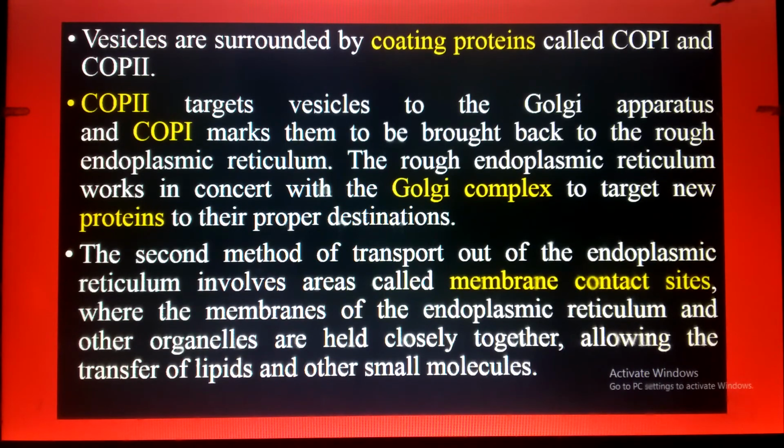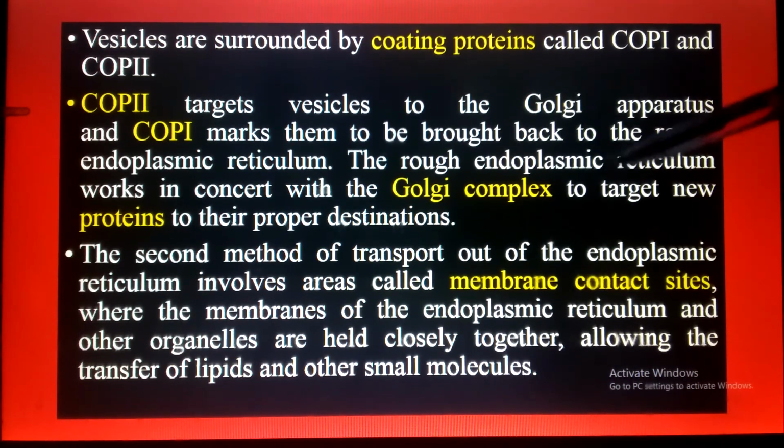Is it clear? And COP2 vesicles target the vesicle to the Golgi apparatus, and COP1 marks them to be brought back to the rough endoplasmic reticulum. Must keep it in your mind. The rough endoplasmic reticulum works in concert with the Golgi apparatus to target new proteins to their proper destination, because I have shown you that the Golgi complex is formed by the fusion of the vesicles which are produced by the endoplasmic reticulum.